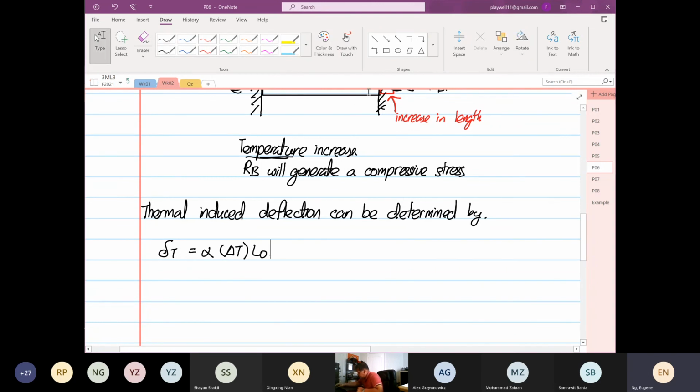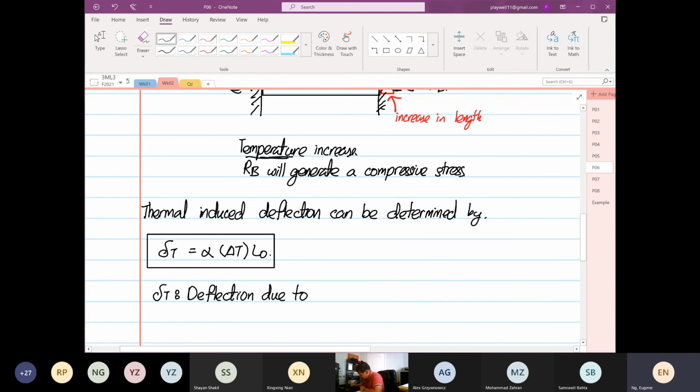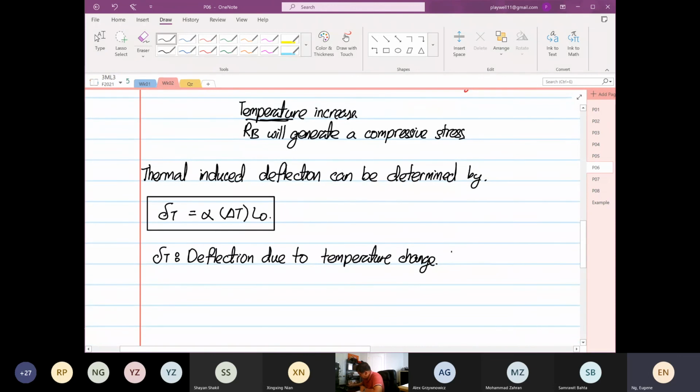Okay, so this is the formula that we are going to apply, where delta T is deflection due to temperature change. And then the units can be meter or inches.